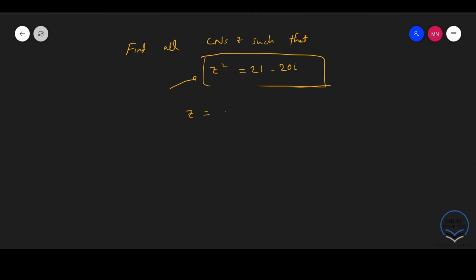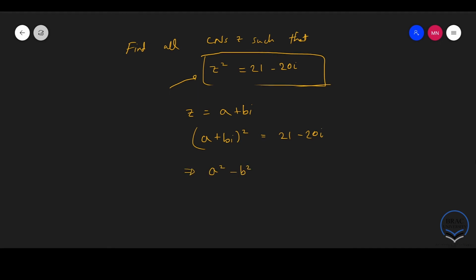So let z be equal to a plus bi. Then we will have (a plus bi) squared equal to 21 minus 20i. If I expand this, I get a squared minus b squared plus 2abi, and this is equal to 21 minus 20i. Right. Now what can I do?